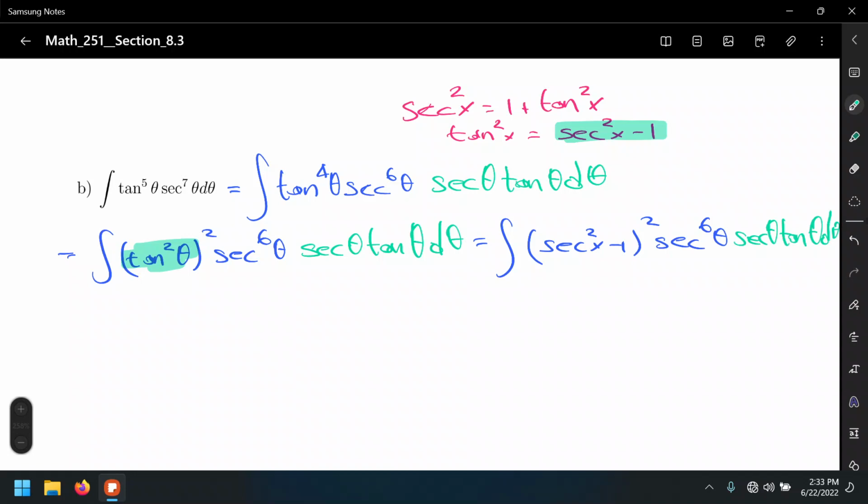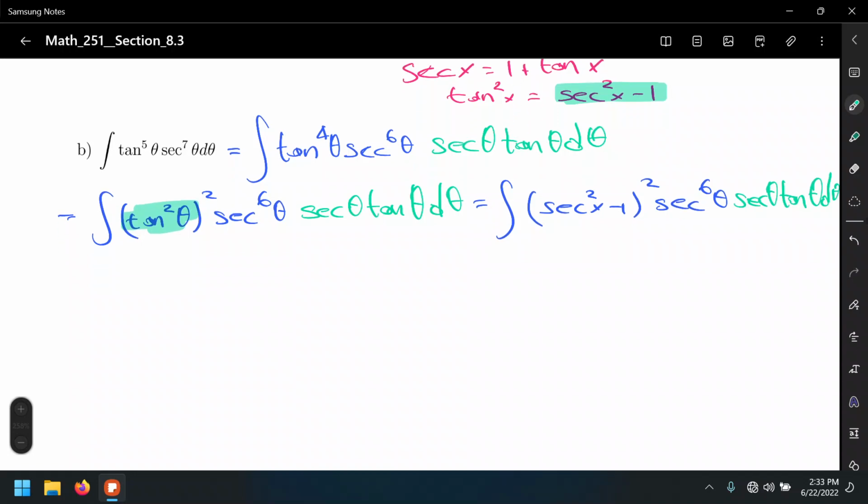Okay, what do we do from here? Well, number one, of course, we need to expand this binomial. You have a couple of options here. You might want to do the u substitution from here, so when you expand the binomial you don't have to write a polynomial in terms of secant, or you can leave it, which is what I did in the previous example with sine and cosine.